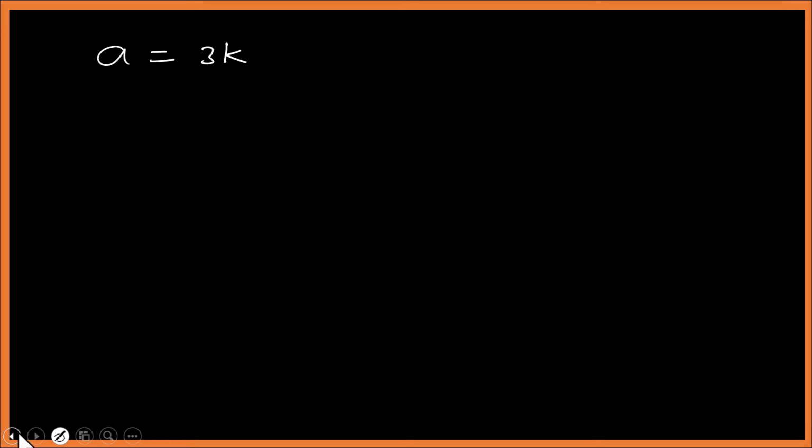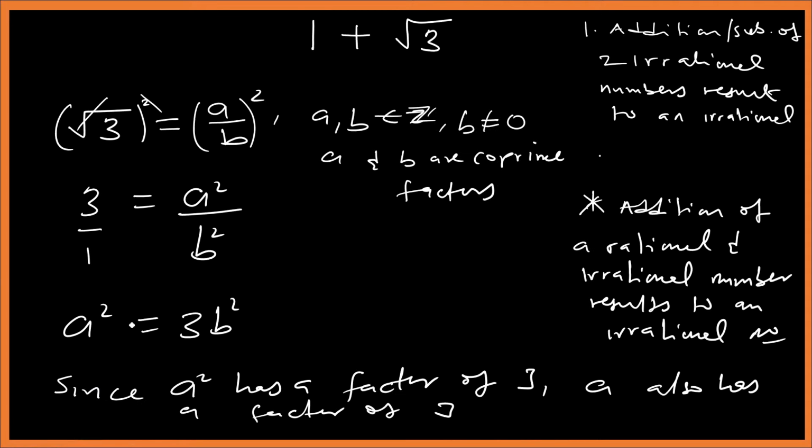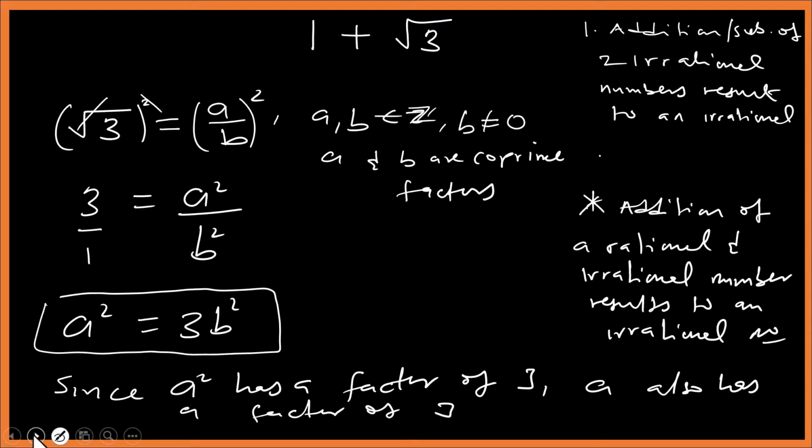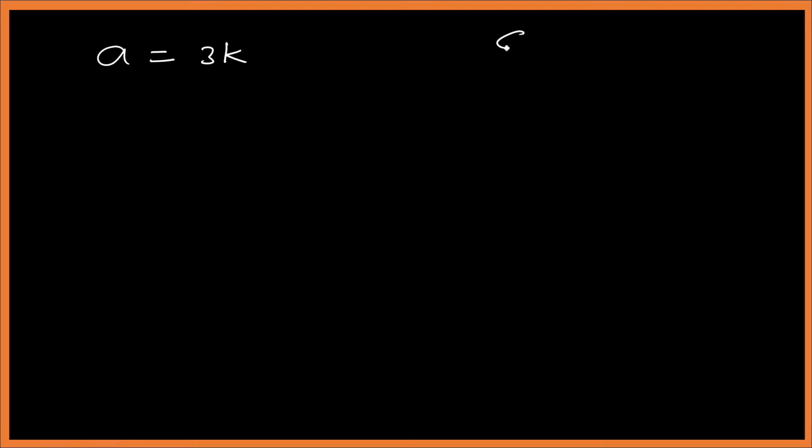Remember, we have a squared equals 3b squared. So let's do substitution as we plug in a here. We have 3k all squared equals 3b squared.